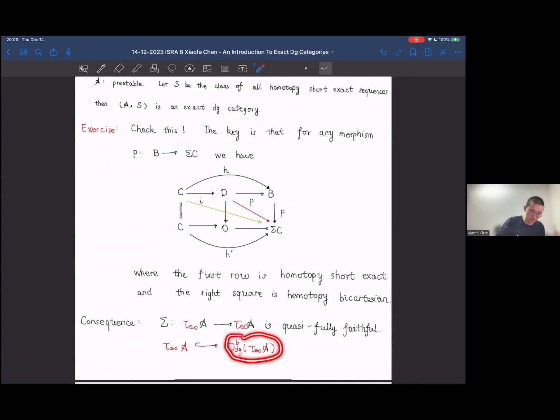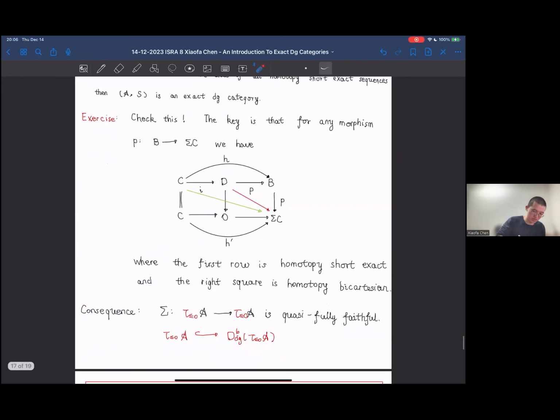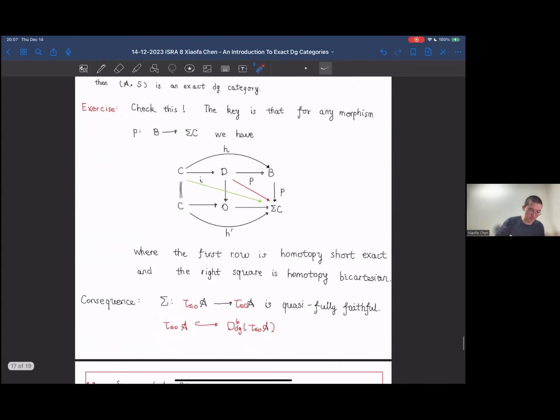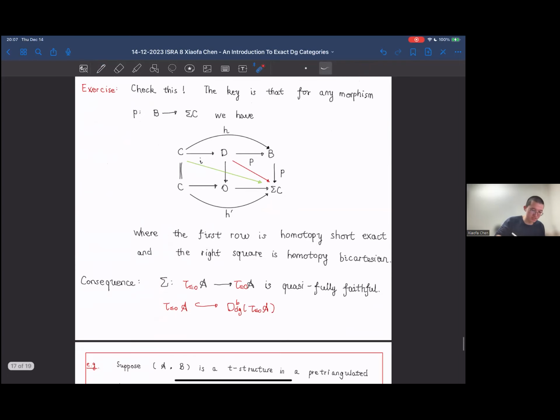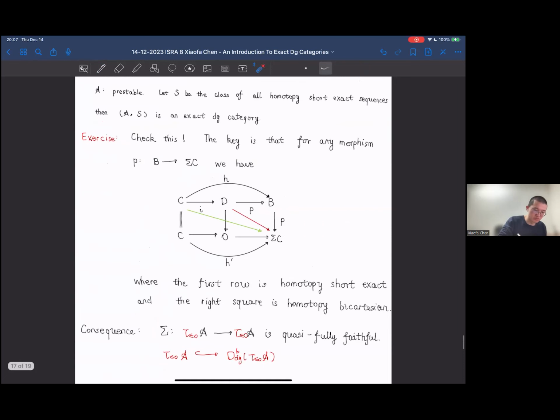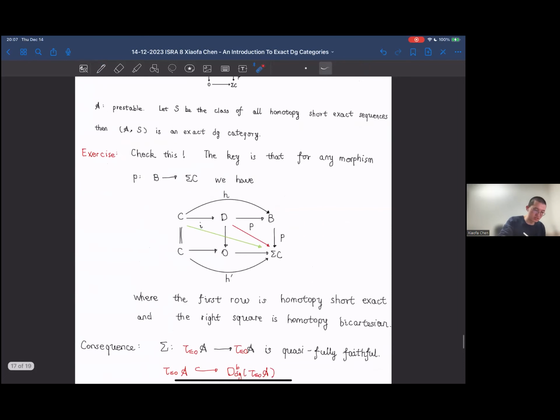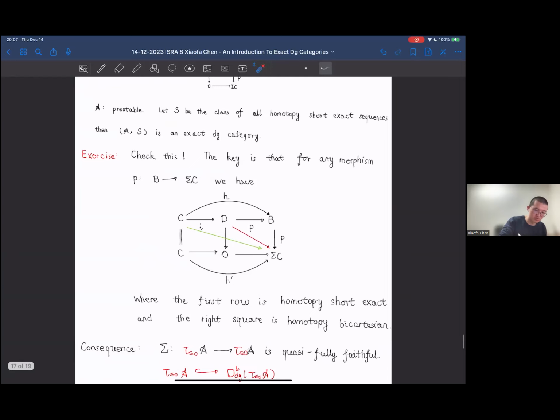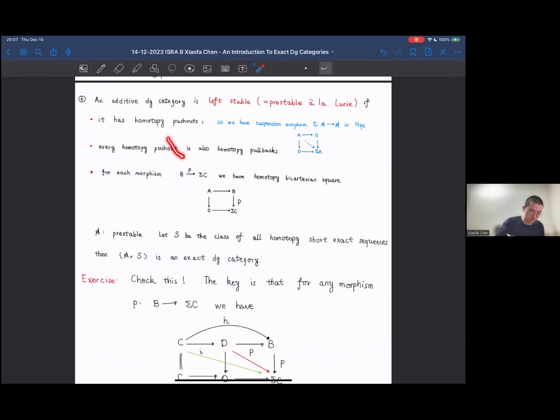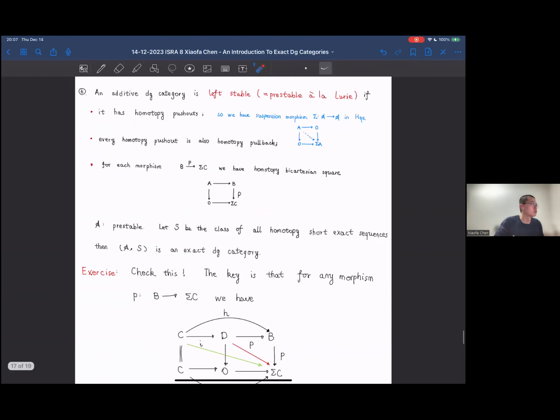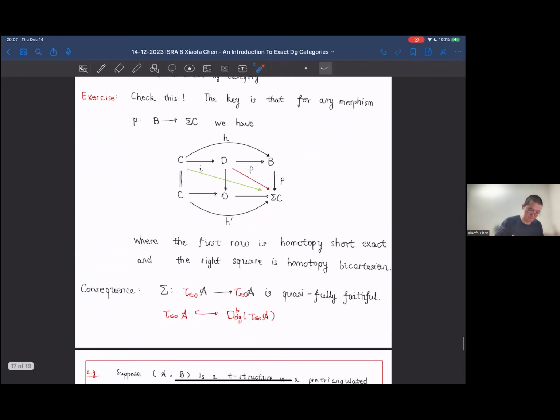And here the suspension is fully faithful. So we get that this suspension morphism is quasi-fully faithful. And this is the original definition of Lurie. Here he does not require this; he just requires that this suspension morphism is quasi-fully faithful. But we do it in a reverse way.